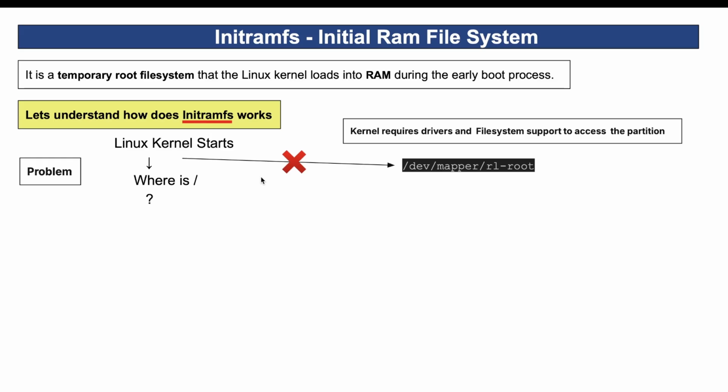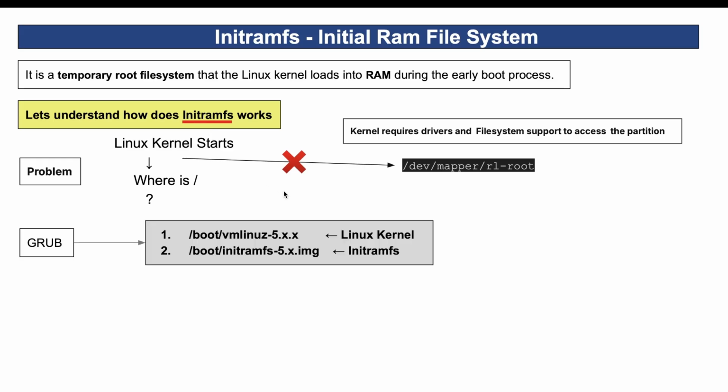Now let's see what this temporary root file system initramfs is. When you boot your machine, you enter into a GRUB menu and then select the kernel image. Once you select it, your bootloader, GRUB, loads the kernel and initramfs into the RAM.